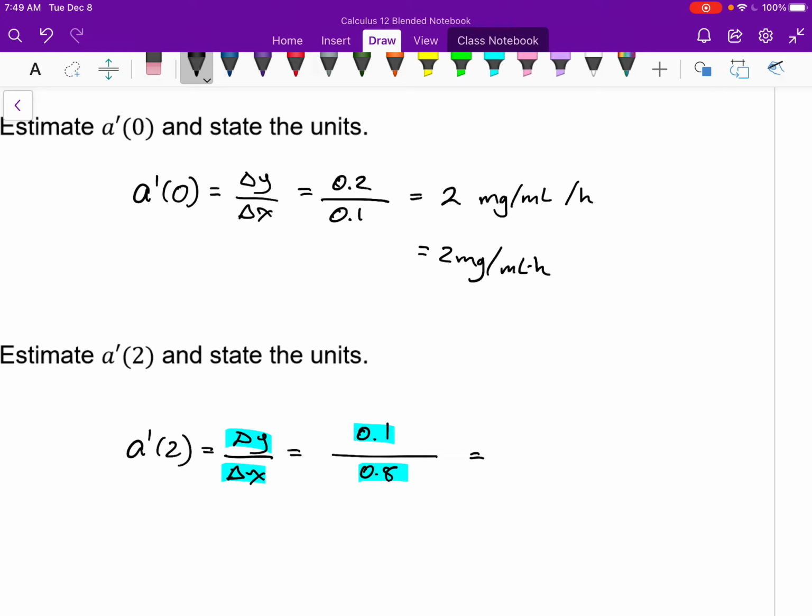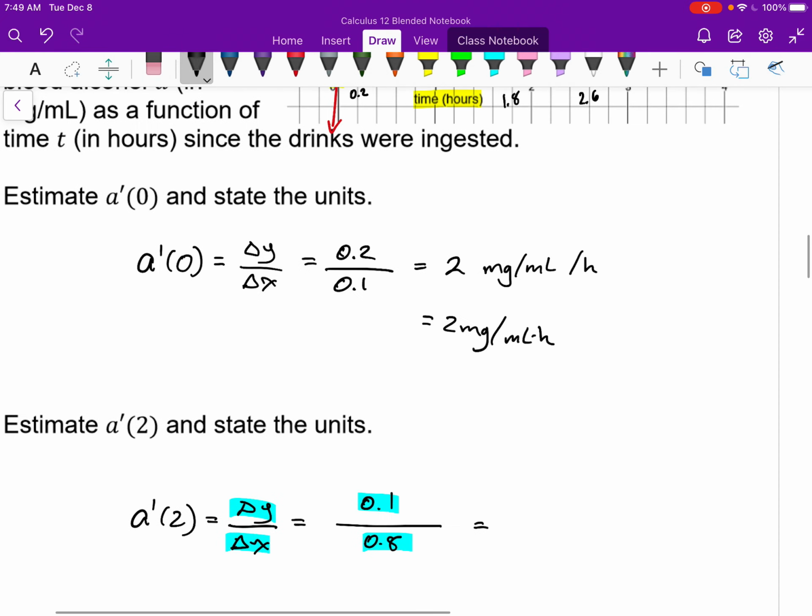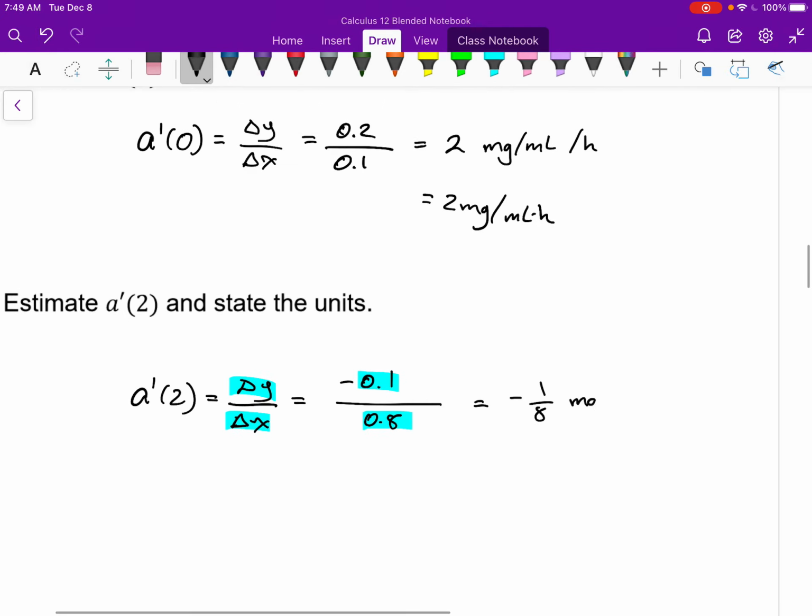And 0.1 divided by 0.8 is 1/8. But it's going down. My change in y is negative. Almost missed that. So negative 1/8. And again, the units are milligrams per milliliter hours.